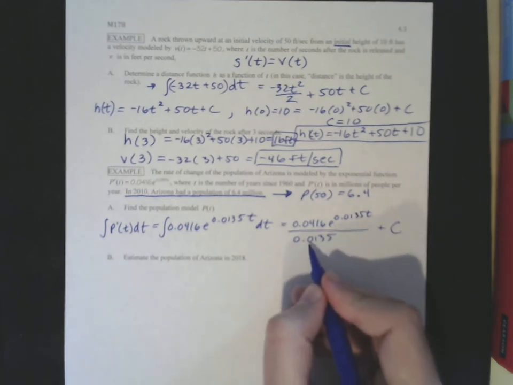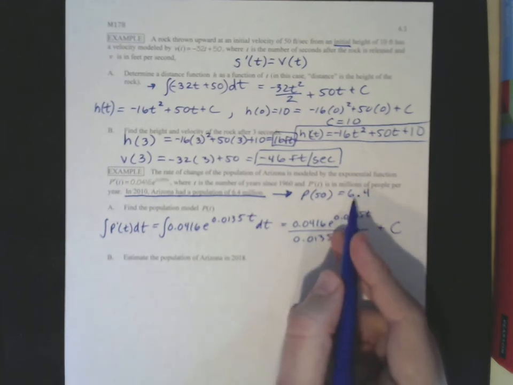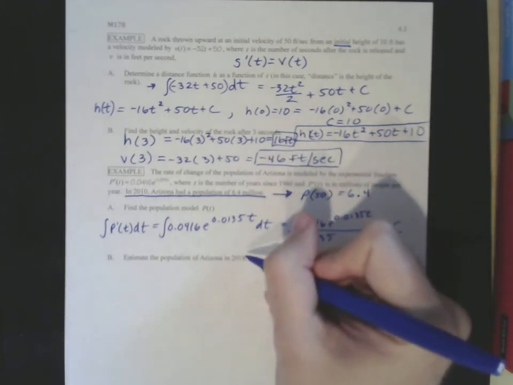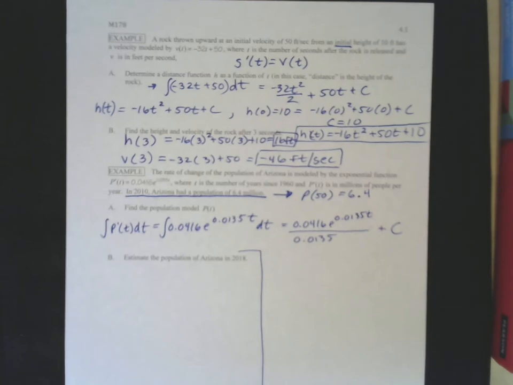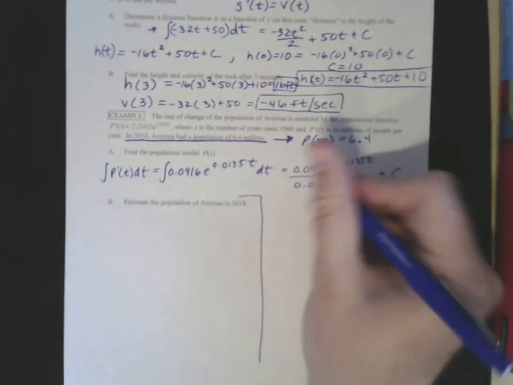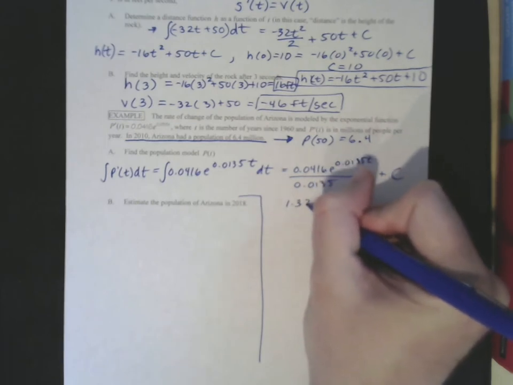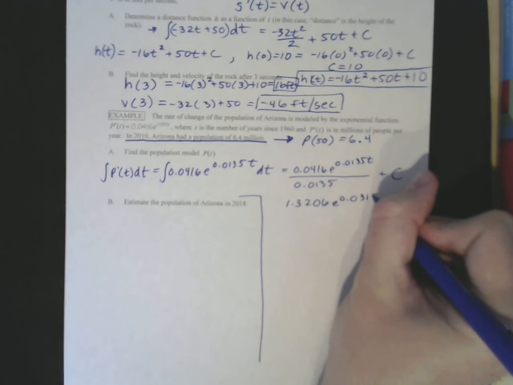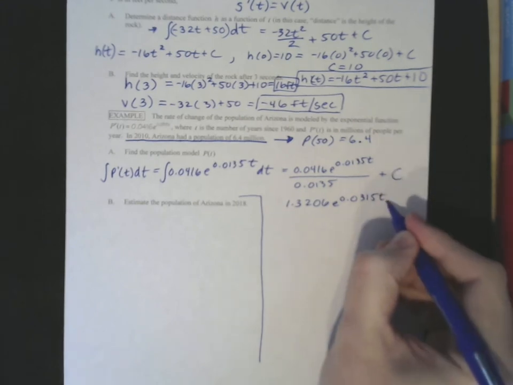So then we would plug in our 6.4. And so I'm going to just extend the work area here because I need some more space. So when you divide this, this is 1.3206 e to the 0.0315 t. And this is plus c.